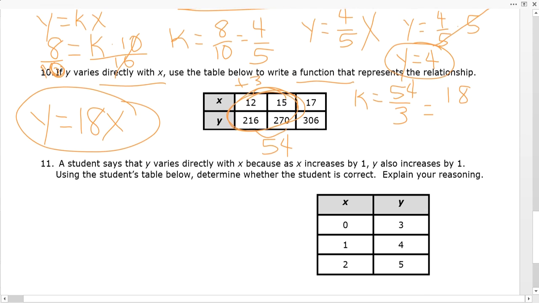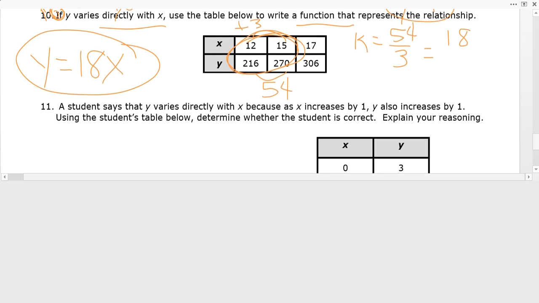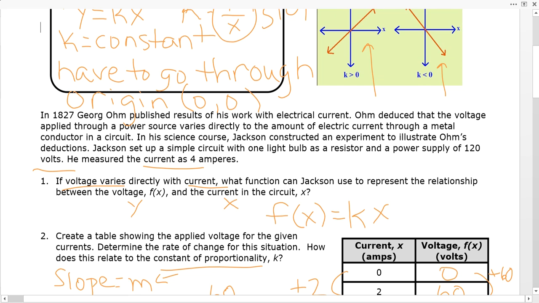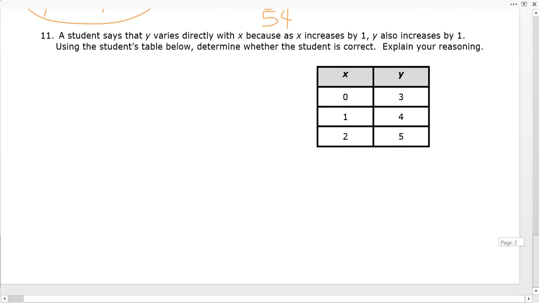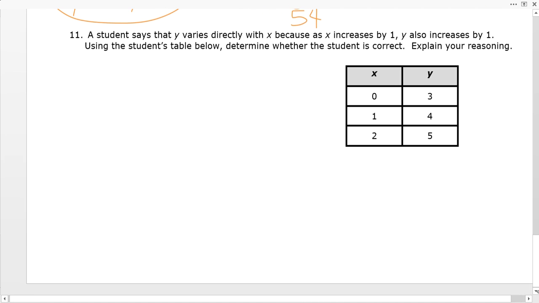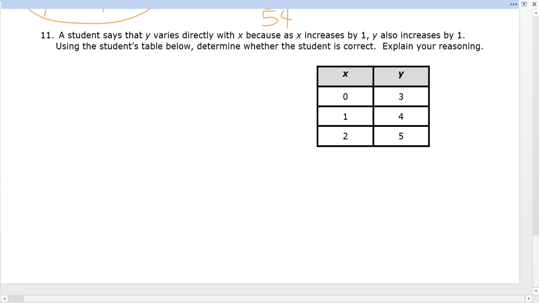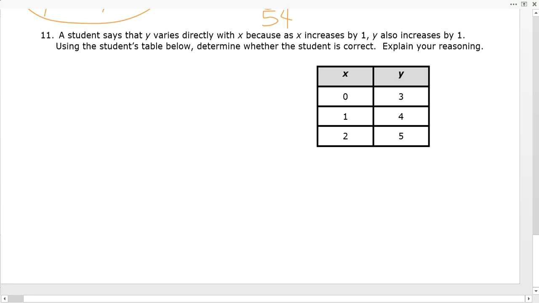Okay, last one. There's a student who says that they don't know how to make this work. They're saying y is directly varying with x because this goes up by 1, this goes up by 1.